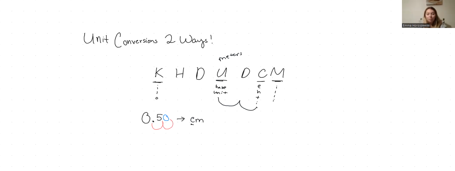Now that decimal place moved over and is now here. So what was 0.5 meters is now 50 centimeters. So that would be unit conversion number 1. Let's try another one. Hopefully I'll have my technology situation figured out.